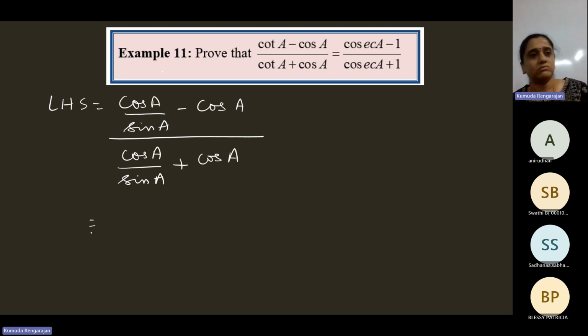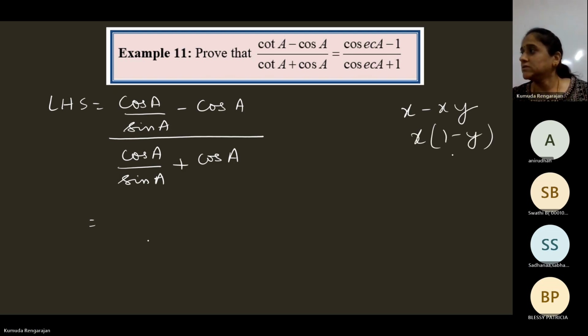Now, once you start like this, you should always use algebra. Most times it is algebraic identities. In algebra, when there is something common, we always take out the common factor. Like when you have x minus xy, the next step you'll say x common, 1 minus y. Here, cos A is common.